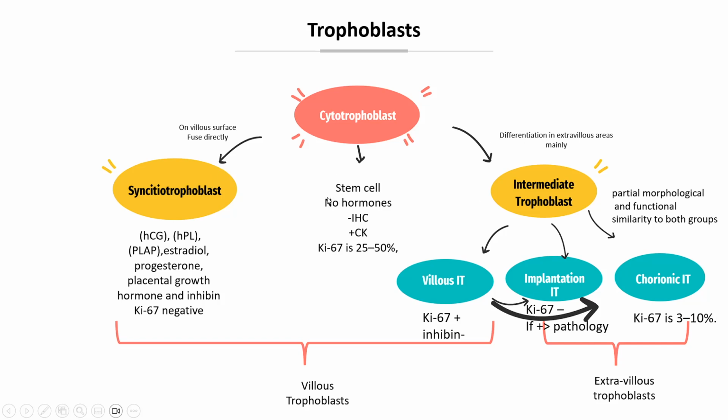They do not secrete anything, so no hormones, so they give negative results with immunohistochemistry. Maybe they're only positive for cytokeratin, but they have a high proliferative power, as I've just mentioned. They're the stem cells, so the proliferative immunohistochemical marker that we call the Ki67 may give a 25 to 50% expression.